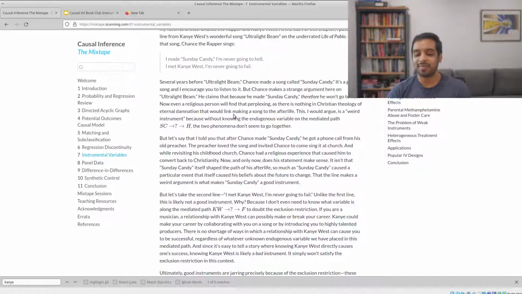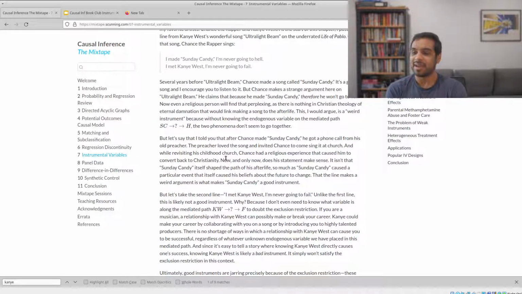Then he goes into two stories about how Chance the Rapper is not gonna go to hell, so that makes for a good instrument, and how Chance the Rapper is never gonna fail because he met Kanye, and why that makes for a weak instrument. I sort of get it, and they're good stories, but it just did not quite click for me why, if Kanye West was a weak instrument, the never gonna go to hell thing was a strong instrument.